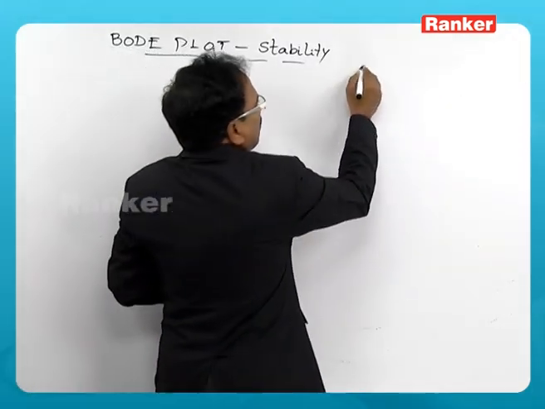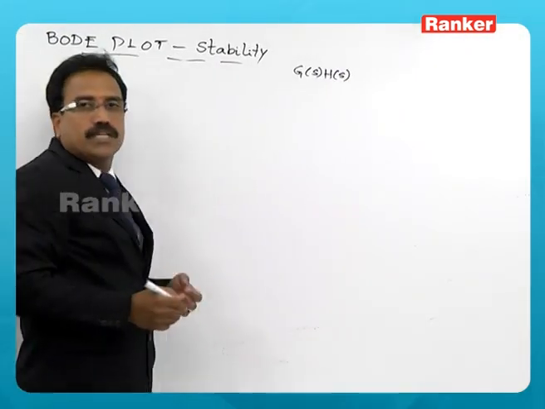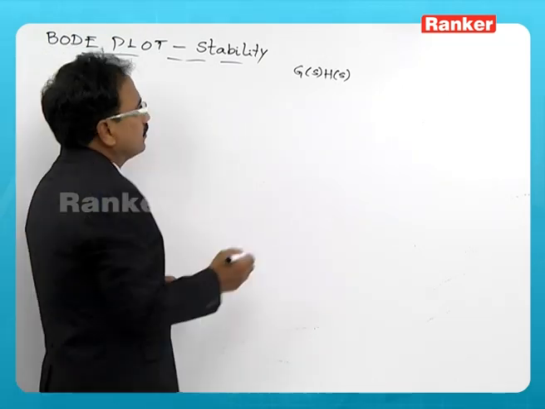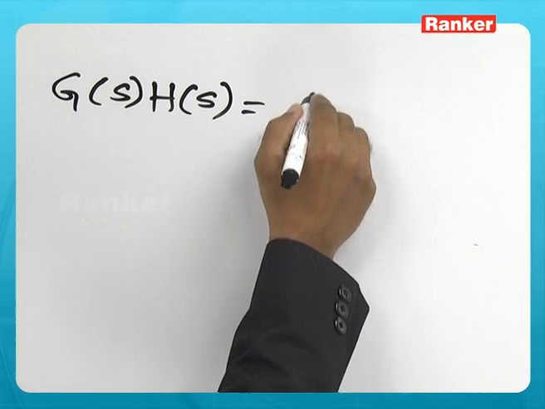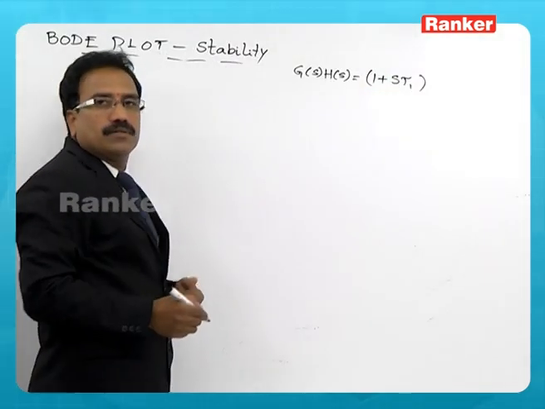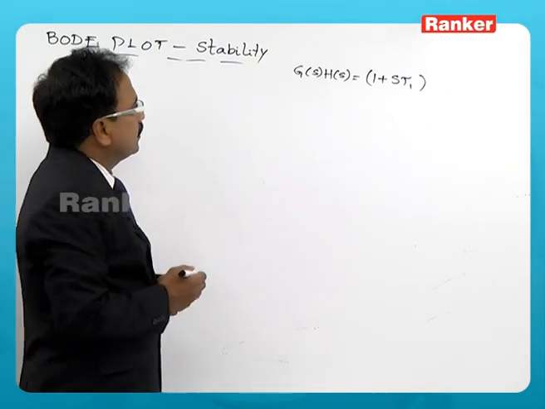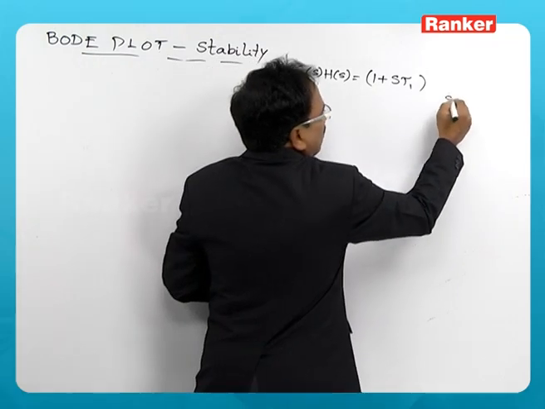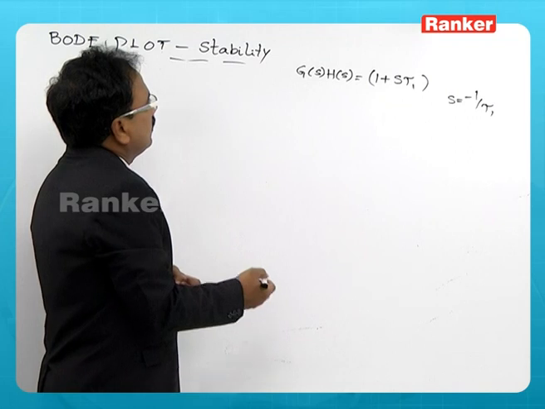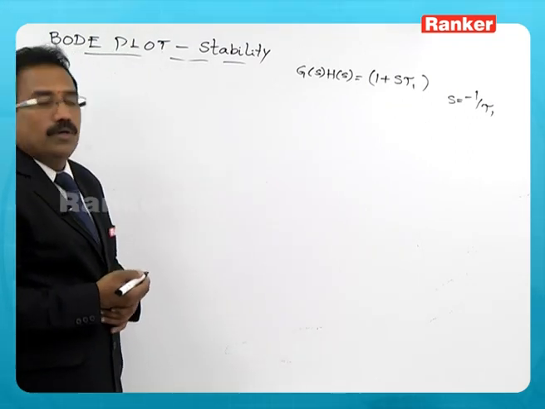Suppose the given loop transfer function, which we consider as an open loop transfer function, is having a factor in the numerator, also called a 0, and the value of the 0 is at s is equal to minus 1 by tau 1. Then the plot is just the reverse of the pole.